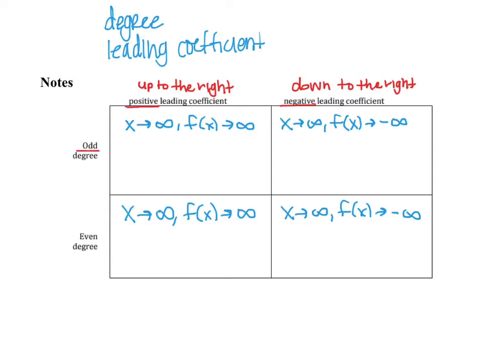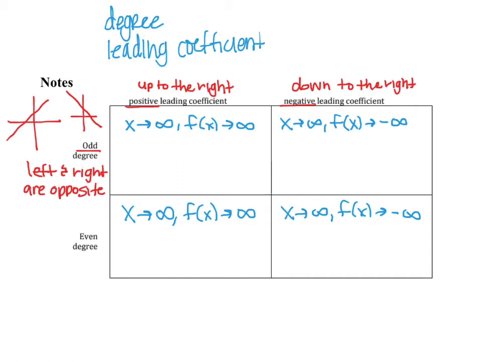If I have an odd degree, so if the biggest exponent is an odd number, that means the left and the right sides are opposite. This is like a line. It either goes from the bottom left to the top right, or from the top left to the bottom right.